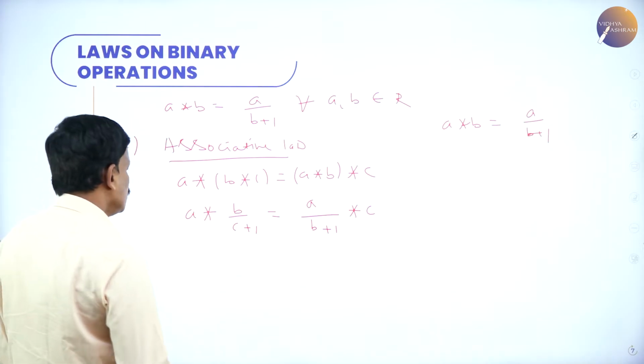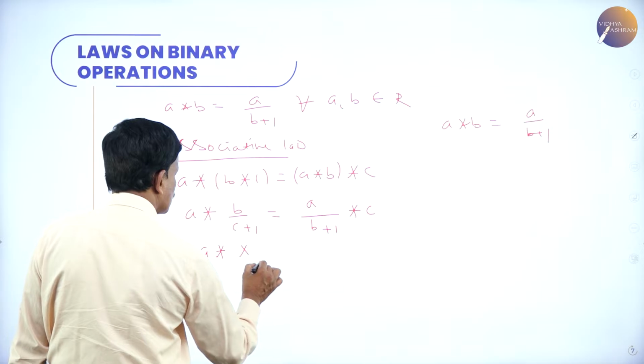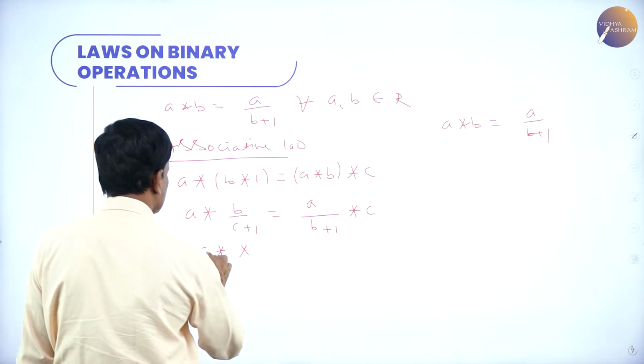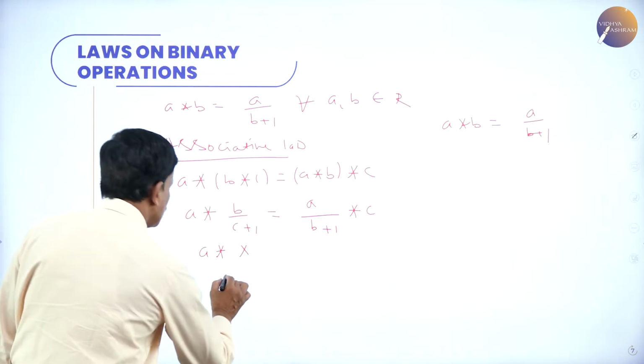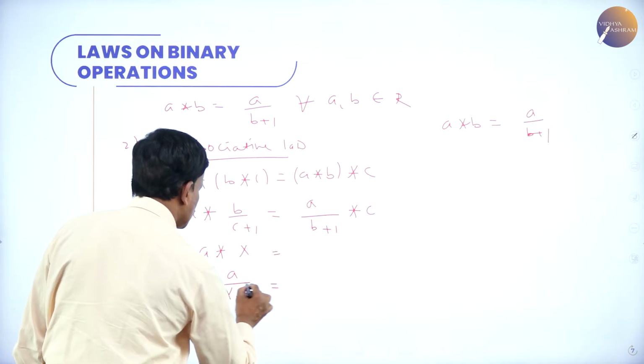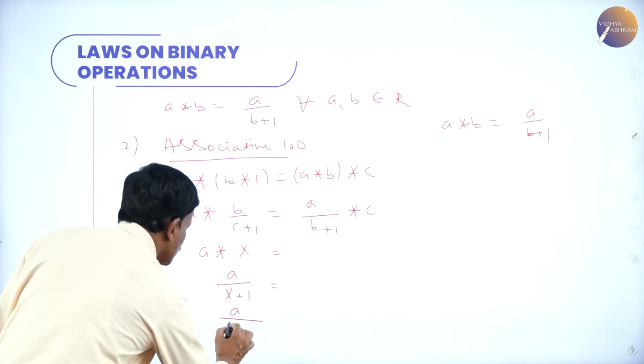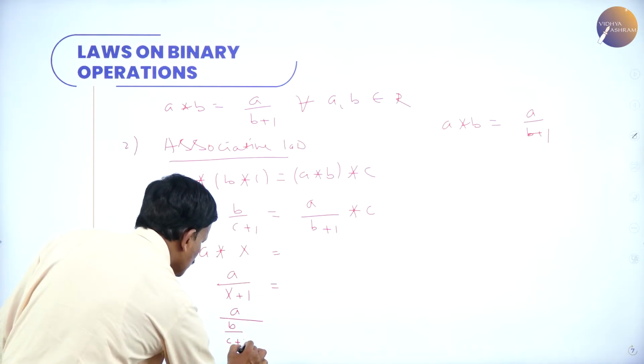If I consider this as X, A star X, where X is equal to this much, A star X can be written as A divided by X plus 1. So this is nothing but A divided by B by C plus 1, plus 1.